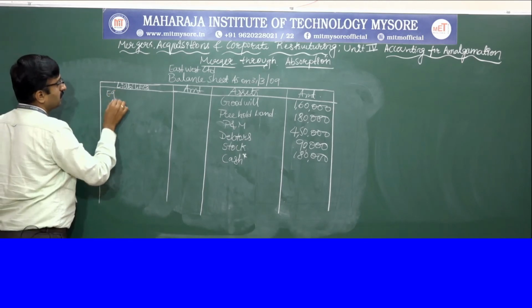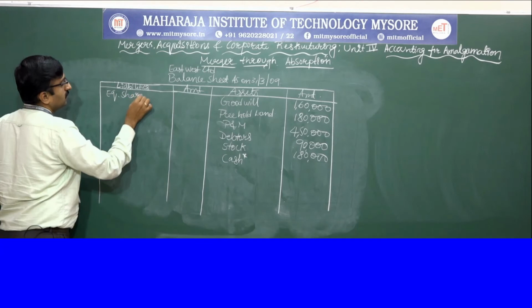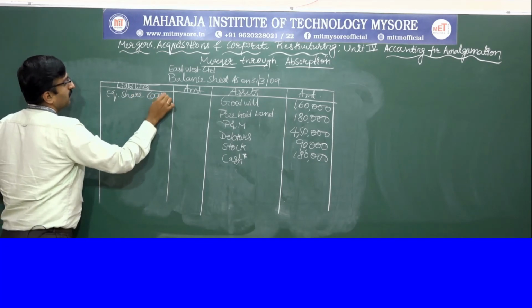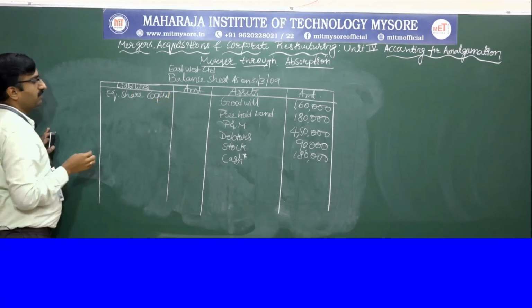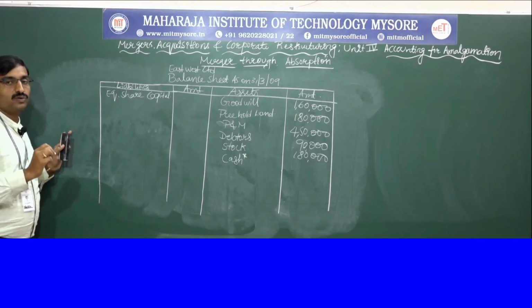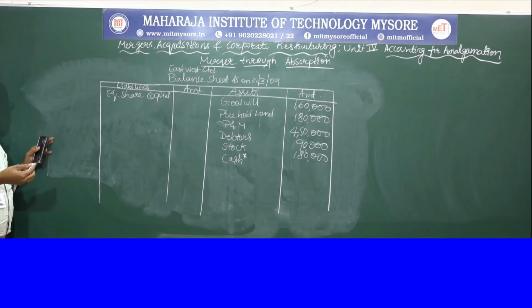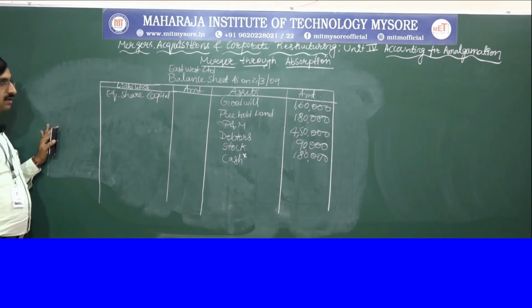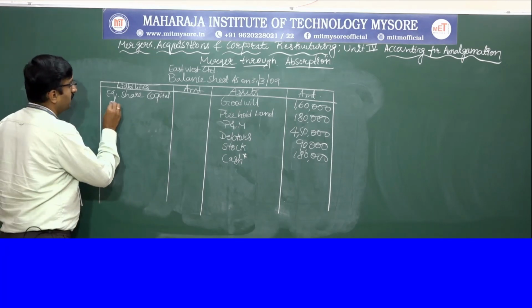The total number of shares you need to find out, how much we have before the merger and after the merger. See the adjustment they have given.